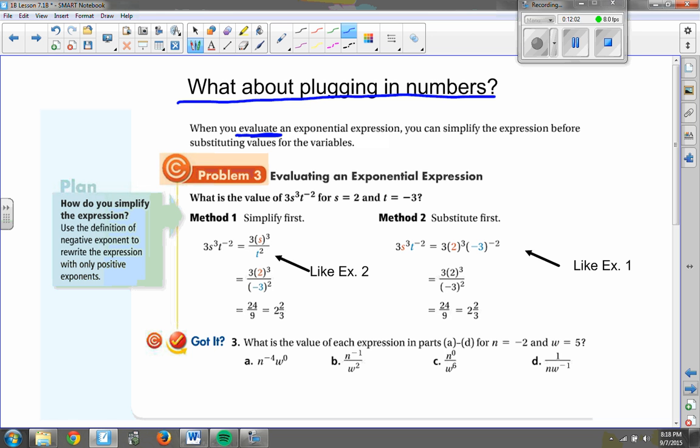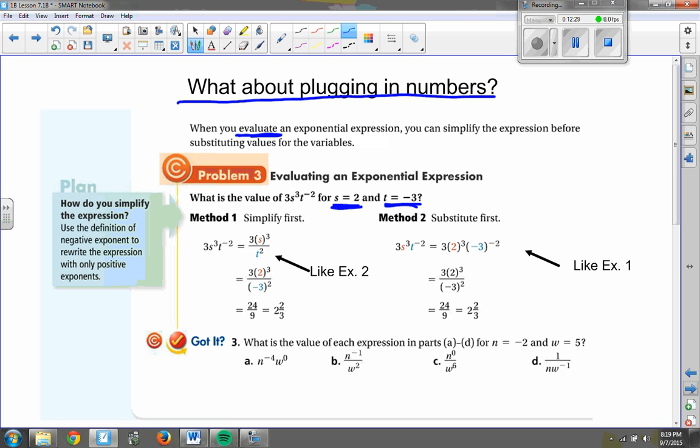And that just means plug in numbers that the book will give you for certain variables that you see in the expression. So problem 3 says, what is the value of 3s to the 3rd power times t to the negative 2nd power for this value of s equals 2, and this value of t equals a negative 3?